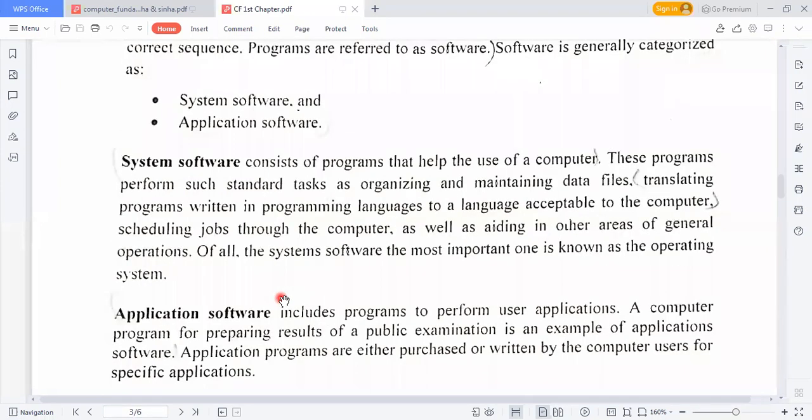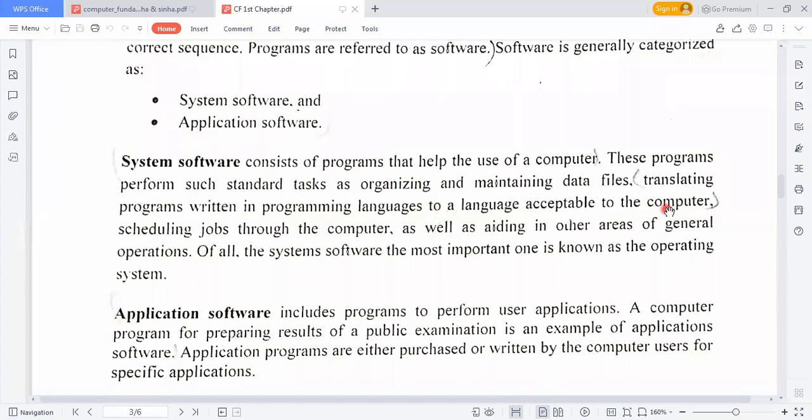So what is system software? System software consists of programs that help the use of a computer. These programs perform standard tasks such as organizing and maintaining data files, translating programs written in a programming language to a language acceptable to the computer.